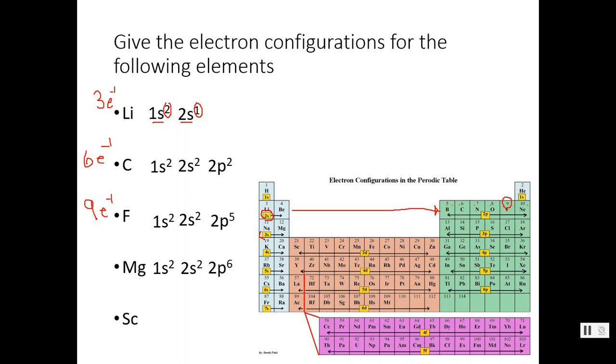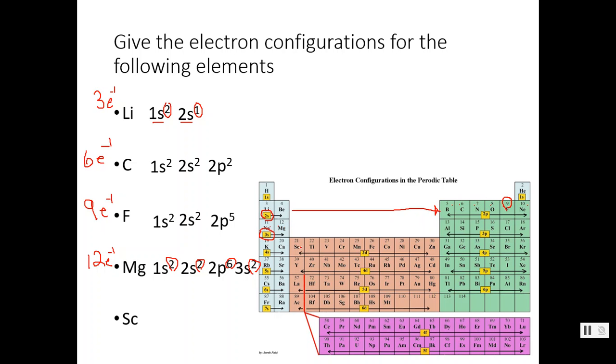I'm going to start using a new orbital called 3s, and in that 3s orbital, I have to place 1, 2 electrons. So my electron configuration for magnesium is going to end with 3s2. And again, you can add your superscripts up and make sure that you get 12, which is the number of electrons magnesium has. And so that would be the electron configuration for magnesium.